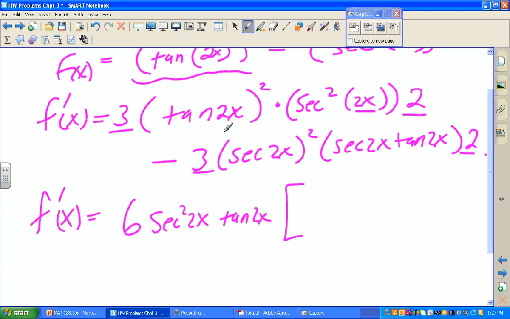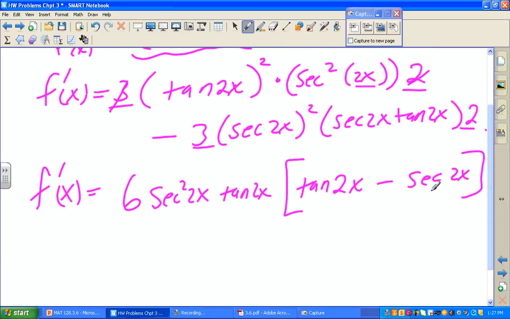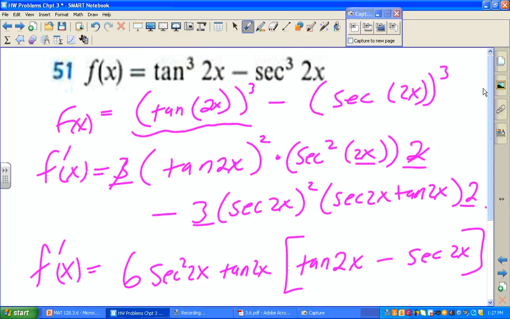That leaves me with the 6 is gone. Tangent 2x in the first term. And after that would be a secant 2x. Well, that's pretty nifty. Is that minus or negative? Minus. I mean, it's 2 parts. The original problem has subtraction in it. My subtraction just got carried over into the bottom row.